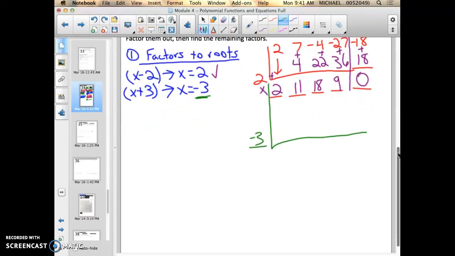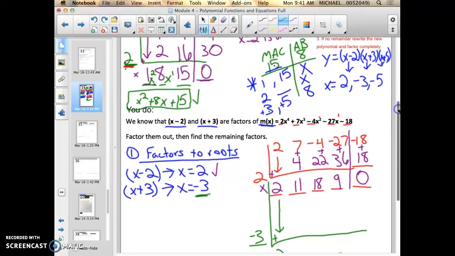So, at this point, you should be able to drop the 2 down, you multiply to the outside, add to the inside. You should be able to give me the new numbers that you have for a polynomial, and then even get to this step where you rewrite the polynomial in its new form after you've divided out twice.